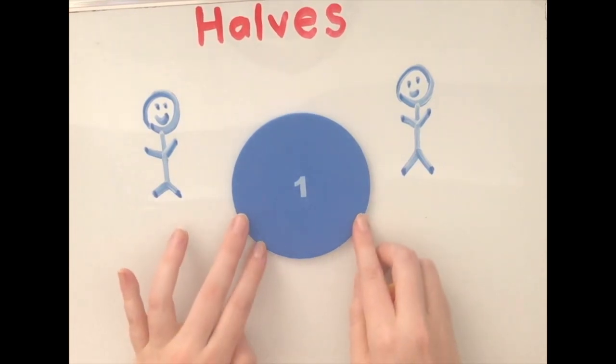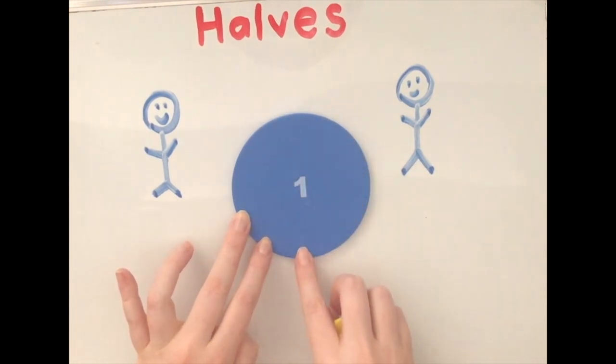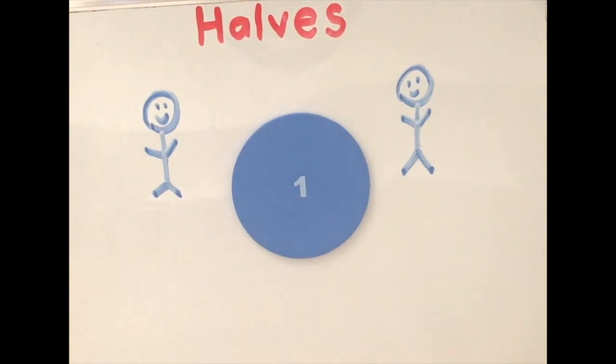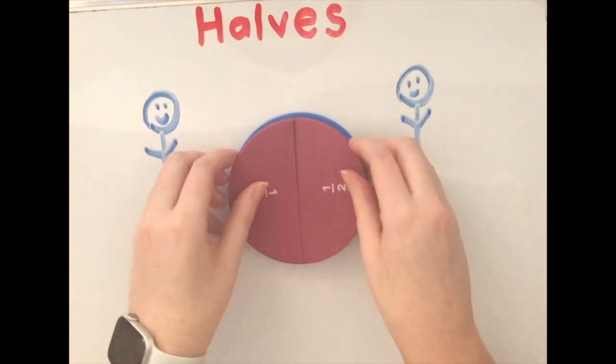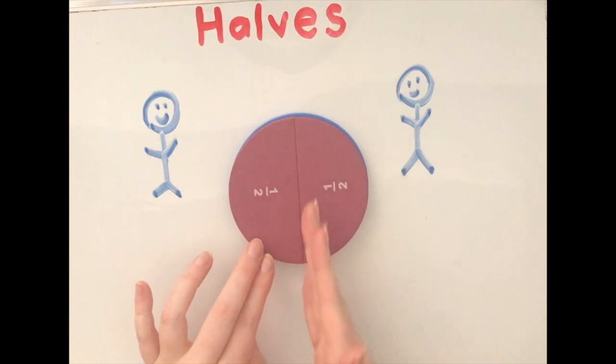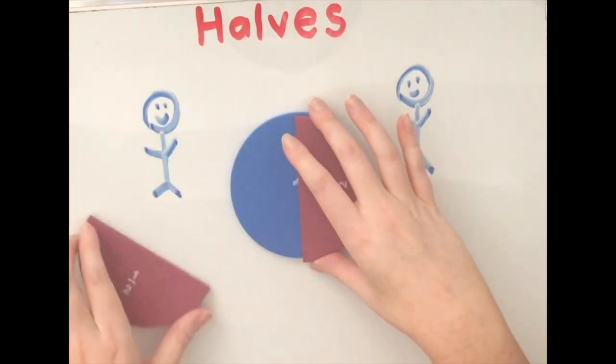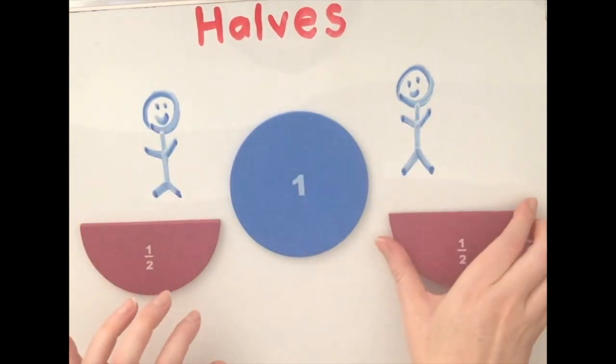We should try to split our whole circle in half. So Tom can have 1/2 and Jerry can have the other half. Now, I cut the whole circle down the middle, the whole cake down the middle, and I can give half to Tom and half to Jerry.